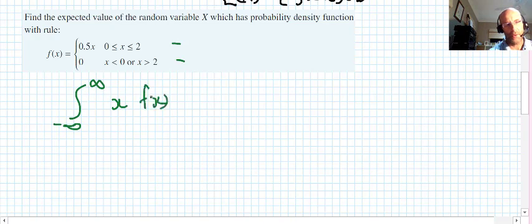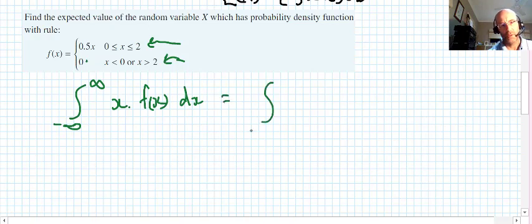In general this is what we're after, but specifically here, have a look, in these intervals the function has a value of 0, so that contributes nothing. This is where the action is, folks, right there, 0 to 2. So what we really want for a useful integral is x times 0.5x.